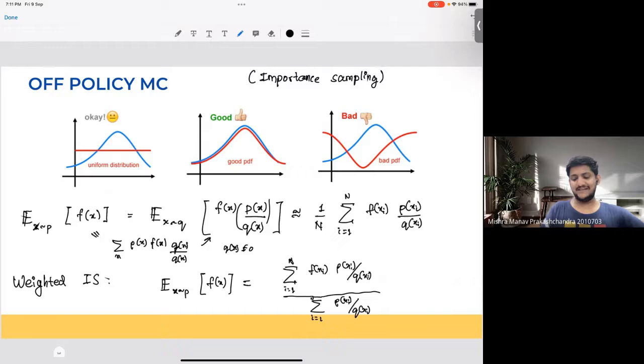Here I haven't taken the importance to be 1 by n, but the importance here is this denominator term, which is p of xi upon q of xi. I hope it's legible what I'm writing. So this is the basic idea of importance sampling.